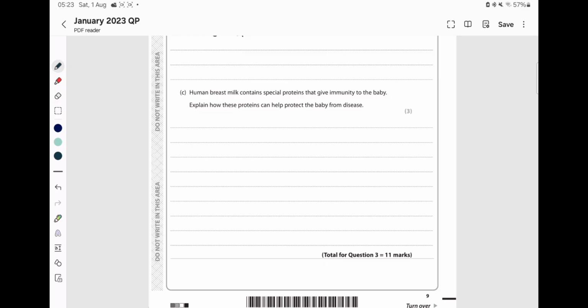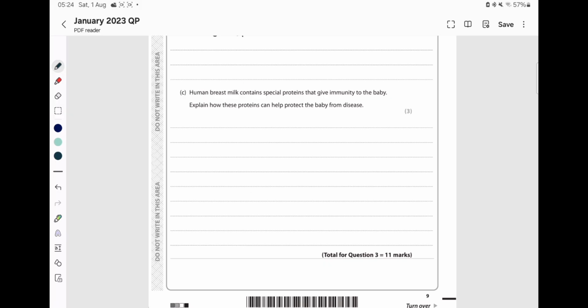So these proteins specifically are going to be antibodies, because these are the proteins that help build immunity or protect your body from diseases. And these antibodies are specific, or they work against a specific antigen. Antigens are particles or things on viruses, bacteria, or pathogens in general, that antibodies recognize and bind to.